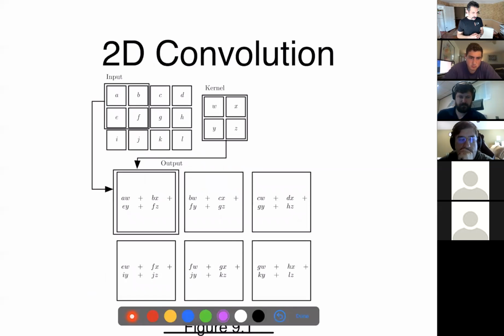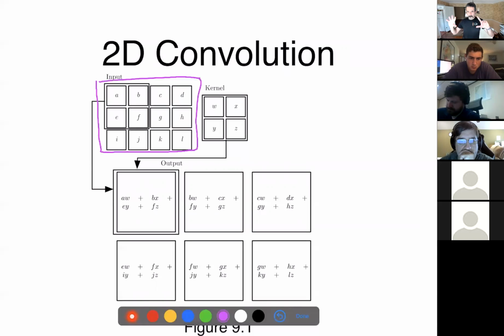Well, what is convolution? Convolution is, again, very simple. Think about that you have your input. So this is your input. Think about this as an image, okay? And in an image, you have different pixel values.